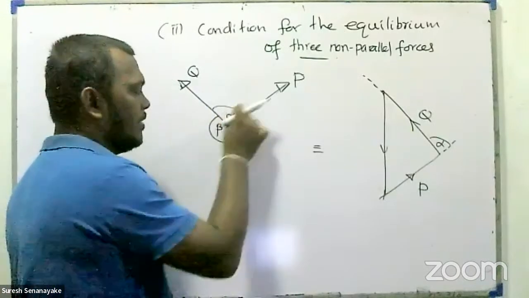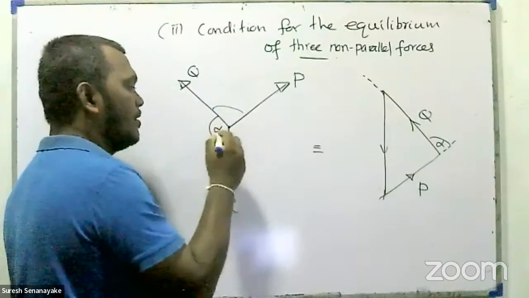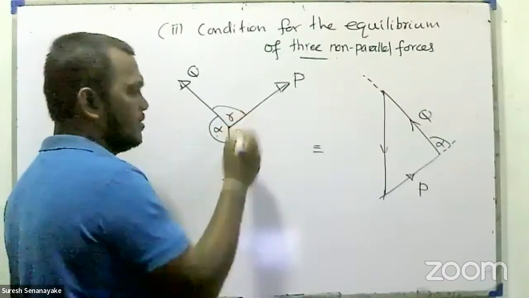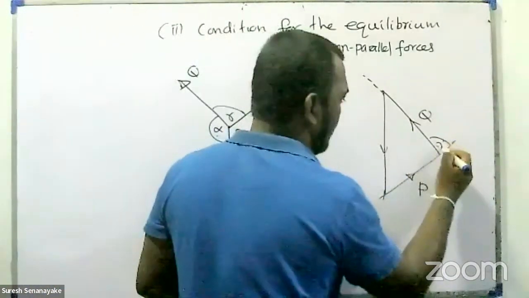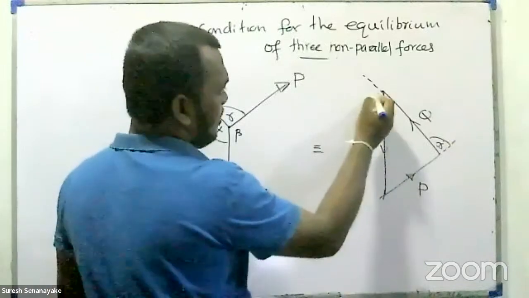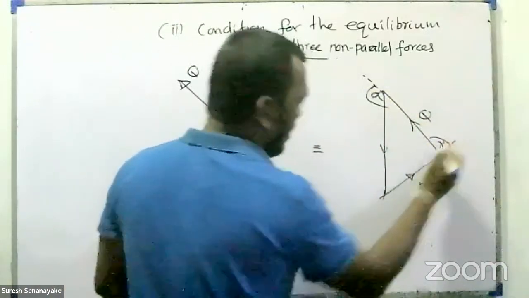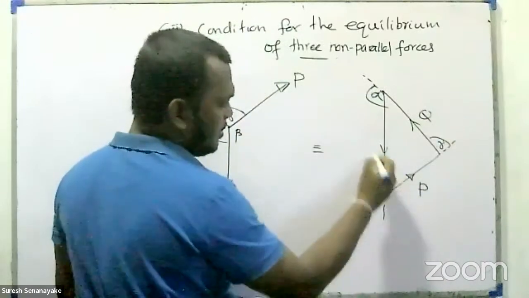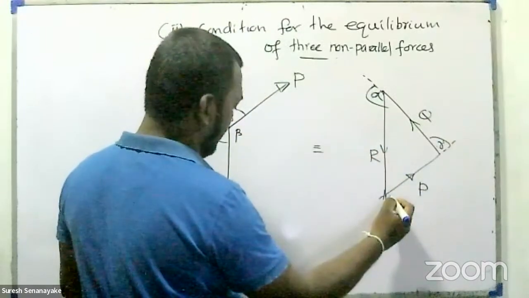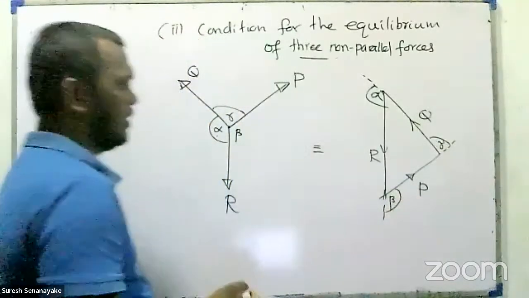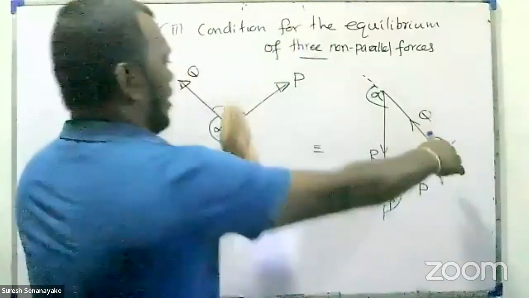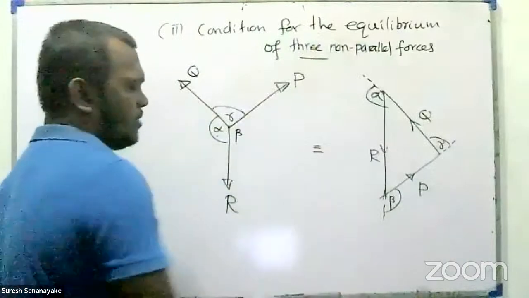I'll take a different way. This is P, and this angle is, let's say, gamma. The angle between P and R is also marked. Here you can see P is parallel, Q is parallel and R is parallel.